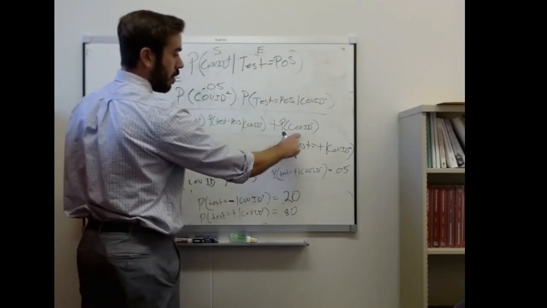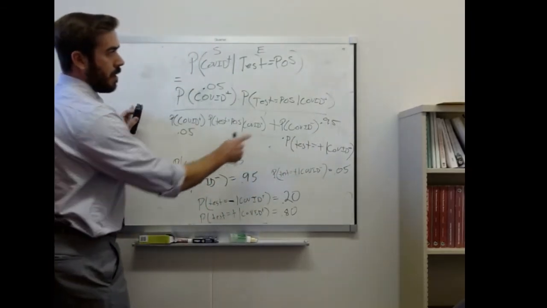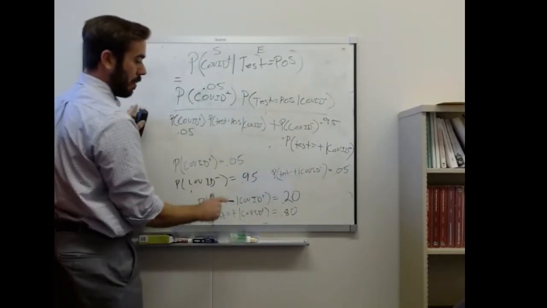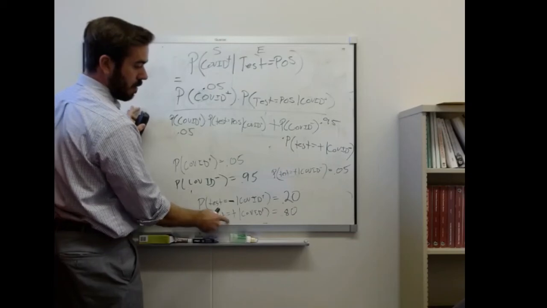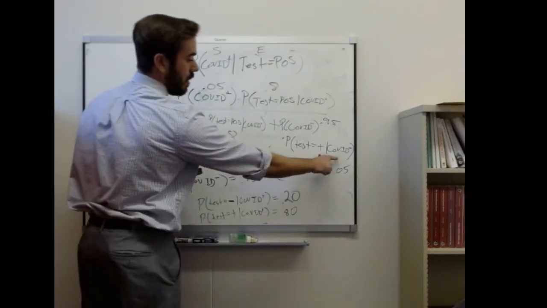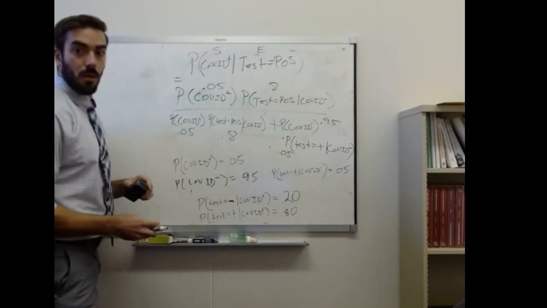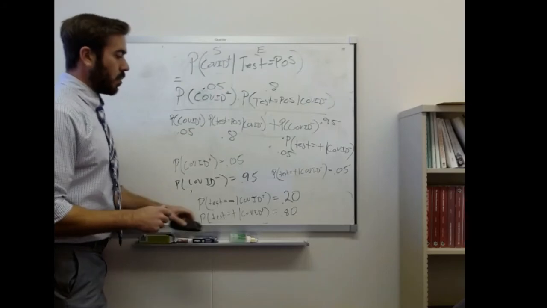Probability they are COVID negative, 0.95. Given that they have COVID, the probability they get a positive test result is 0.8. Given that they don't have COVID, the probability they get a positive test result is 0.05. Okay? So I now have all the values.